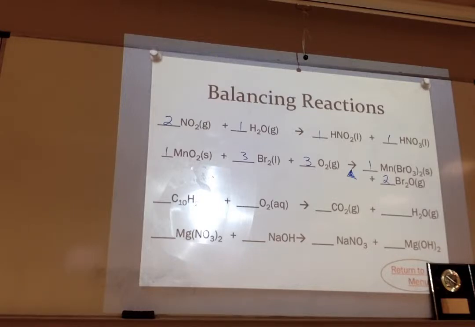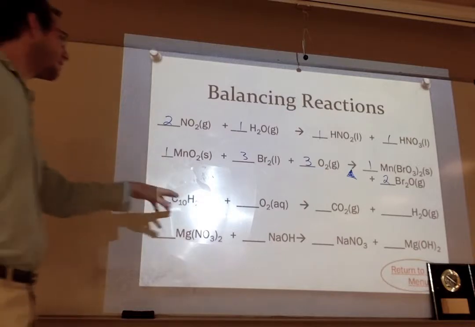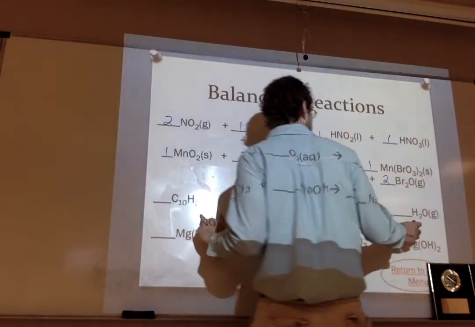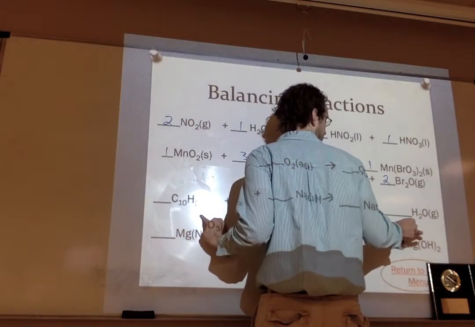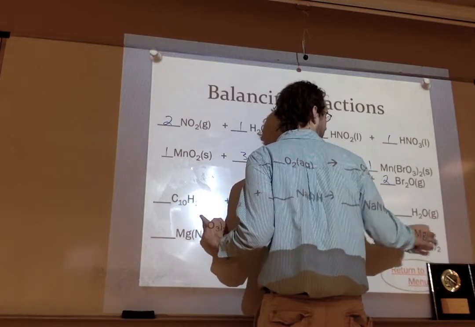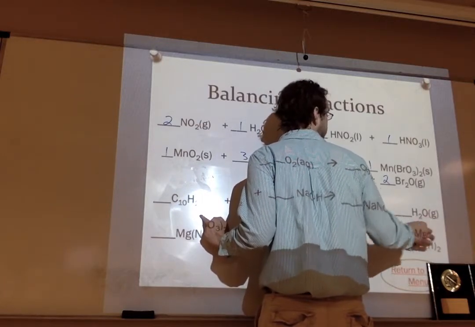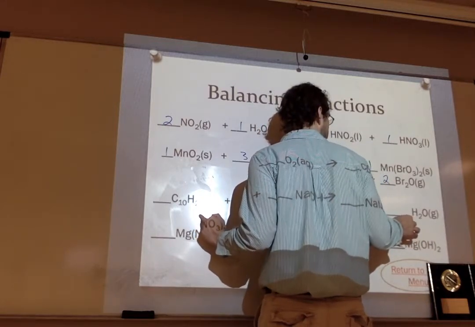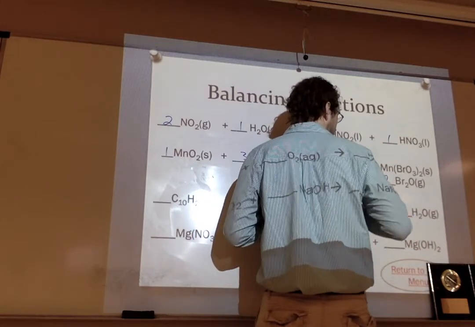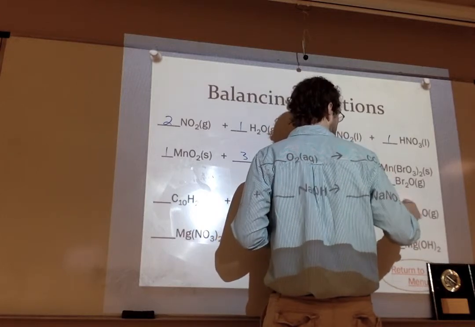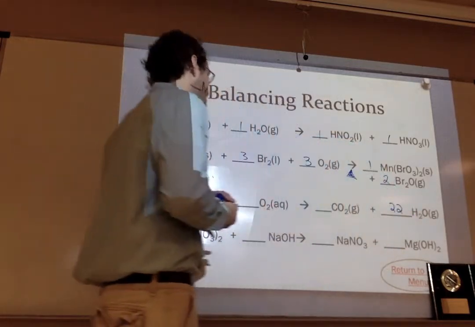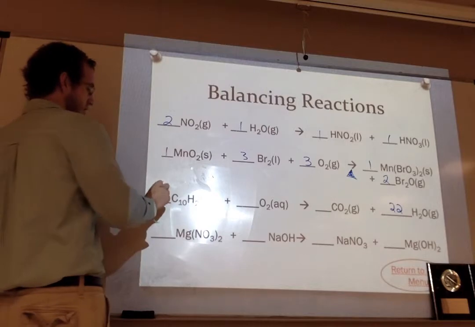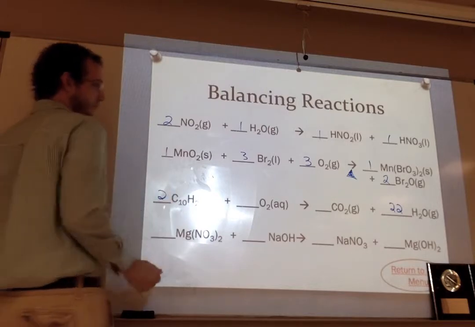Another trick, guys. Got 22 hydrogen. So you want to multiply this by what? 11. 11, but that makes an odd number of oxygen. Yeah. So what I would do, if that was the case, I would just go ahead and double this. Whatever coefficient we got here, had 11. Go ahead and double it. Make it 22. That does what to your hydrogen over here? 2 makes how many carbons? 20.